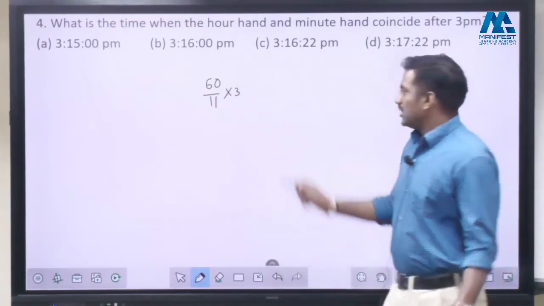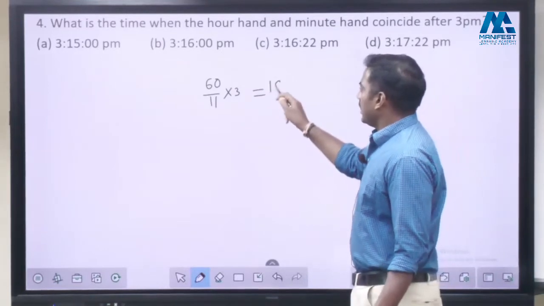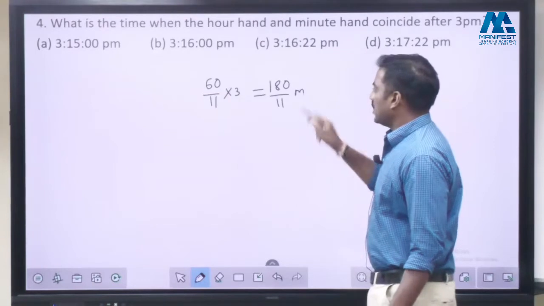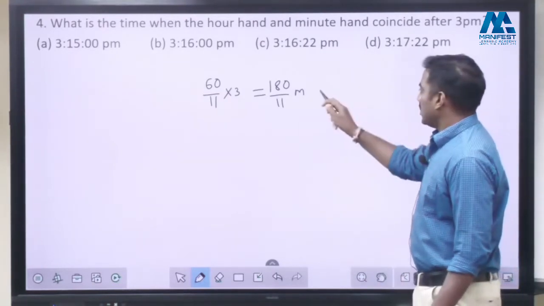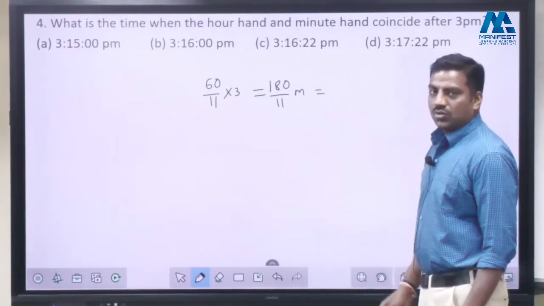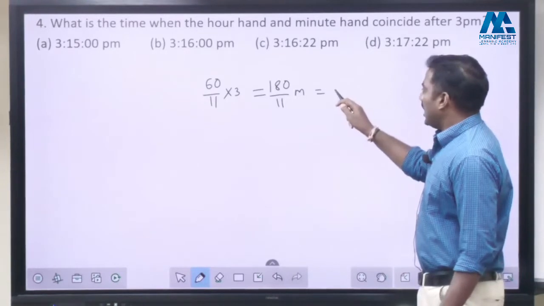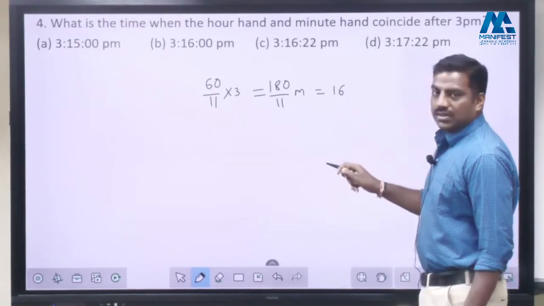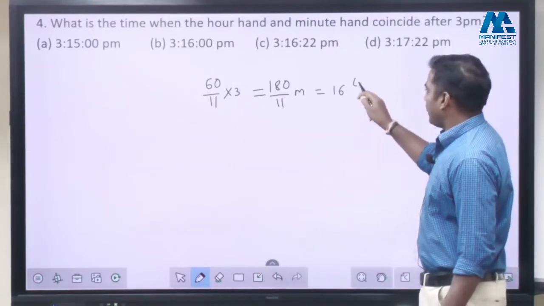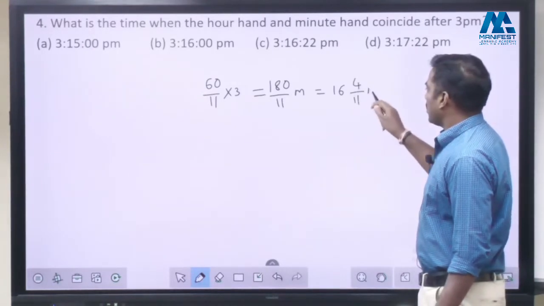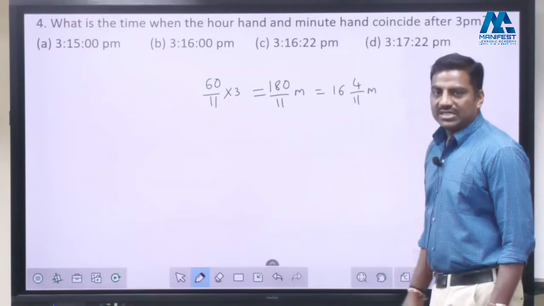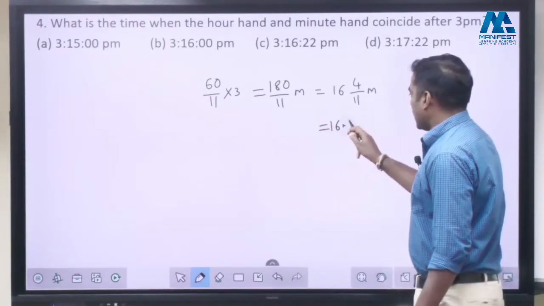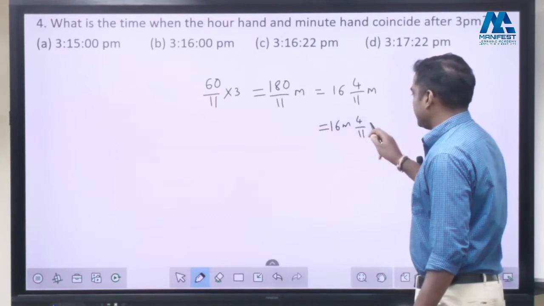Simple. So this is 180 by 11 minutes. This is equal to what? 11 ones are 11, 11 sixes are 66, 4 is left. 16 integer 4 by 11 minutes. So this is nothing but 16 minutes and 4 by 11 minutes.